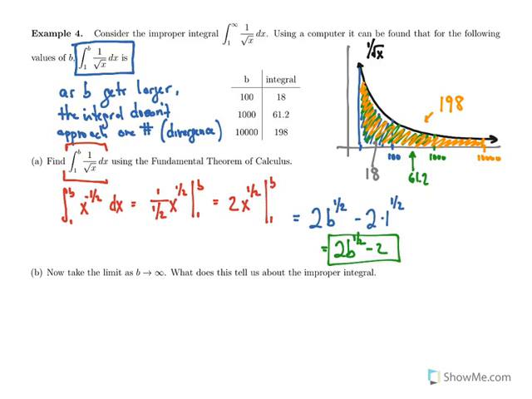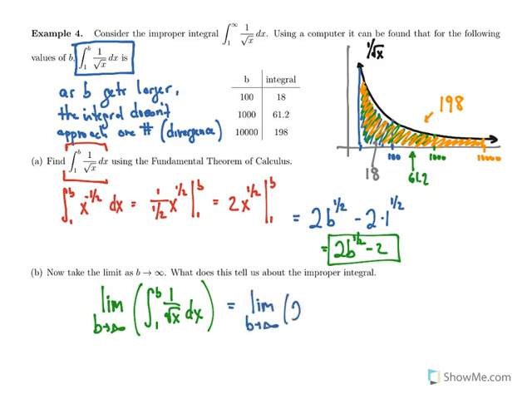Well, that's our idea of a limit from Calc 1. If I look at the limit as b goes to infinity of this integral, 1 to b of 1 over square root of x dx, now we're saying that's the same thing as 2b to the 1/2 minus 2.